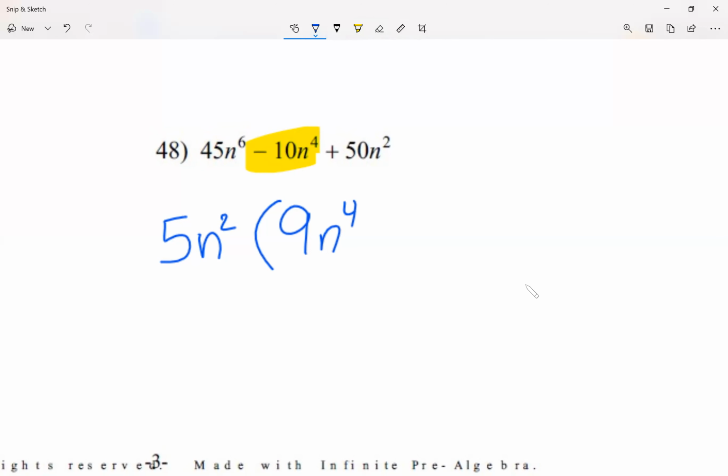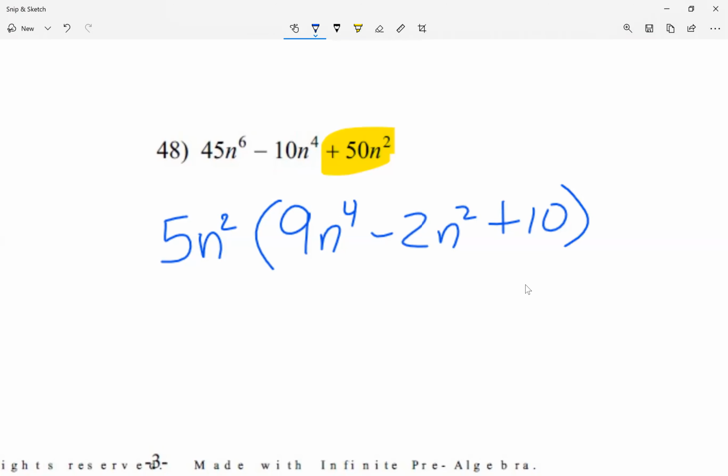So negative 10 divided by 5 is a negative 2. Letter-wise, n to the second, because remember, I subtracted 2 from the letter. My last term, we can see it here. So positive 50 divided by 5 is a positive 10. Letter-wise, subtract 2 from the exponent, so I don't have an n anymore. And then I close my parentheses, and that's it.